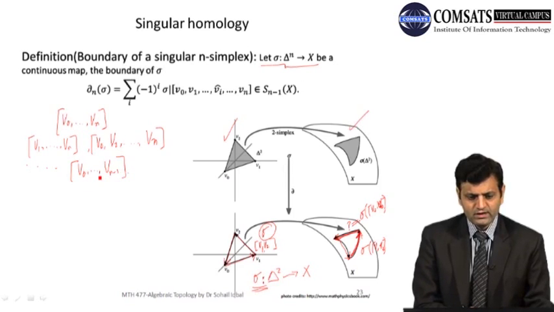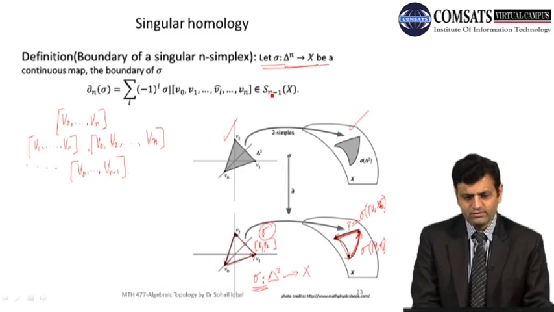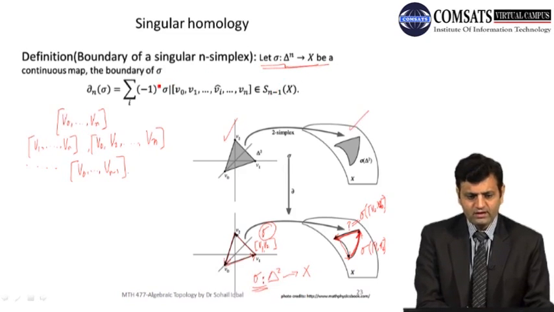These are all the faces of this standard n-simplex. So what should I do? I should just take the continuous image of each and every face, and collecting them will give me the boundary of this singular n-simplex sigma. So let's define the boundary of sigma. This is equal to the sum of (-1) raised to power i.